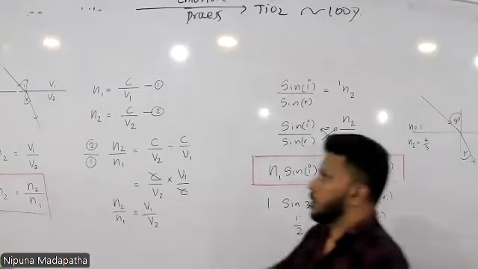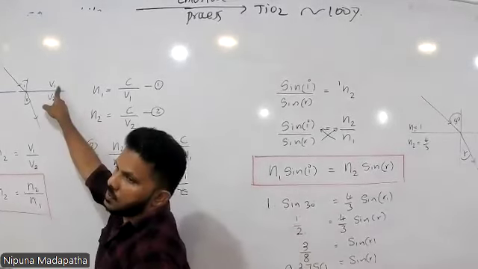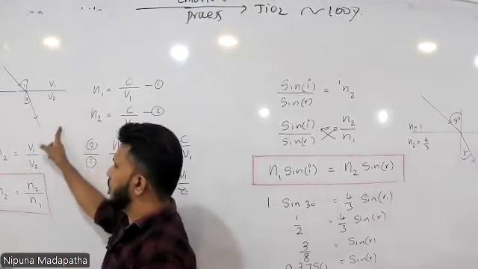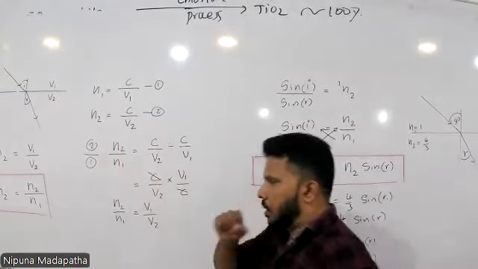Right. So you can write this, because v1 is the speed of light in the first media, and v2 in the second media. Write down this.